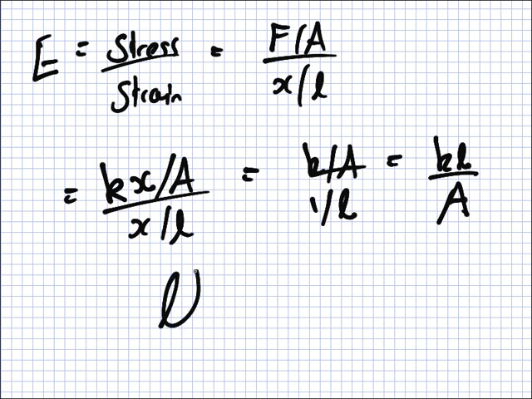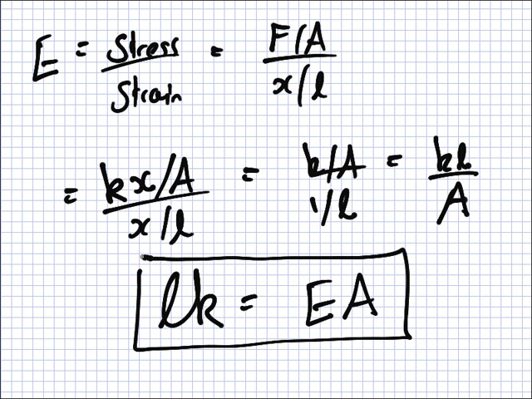Do you like EA? LK equals EA. Maybe that will help you remember it. Now, this formula is not in the formula book, but sometimes it's useful to have a way to convert between E and K. So if you like EA, you can use this formula.